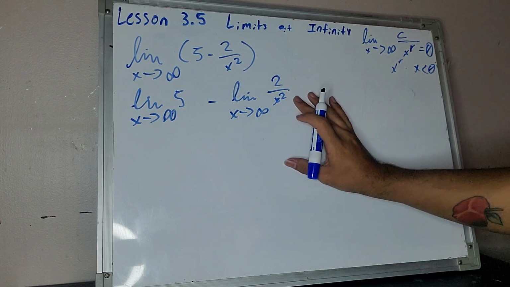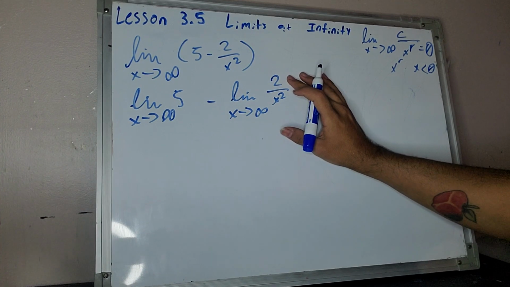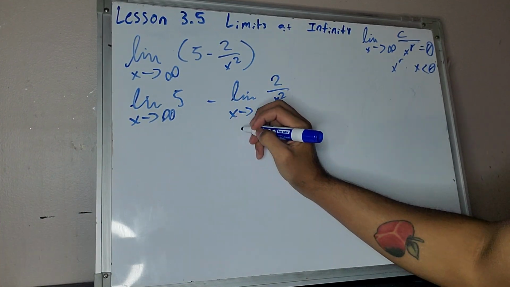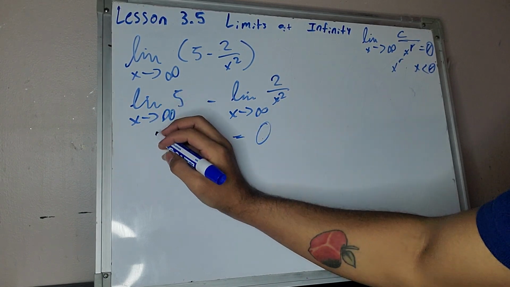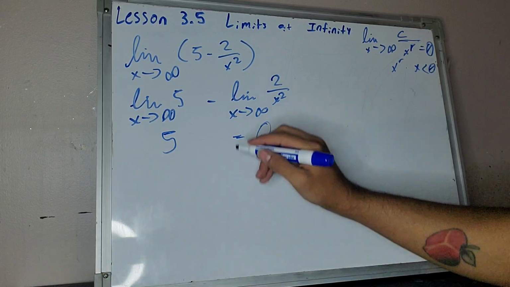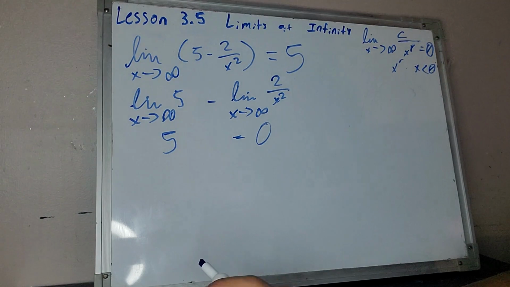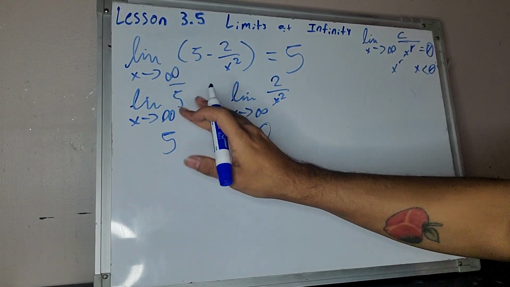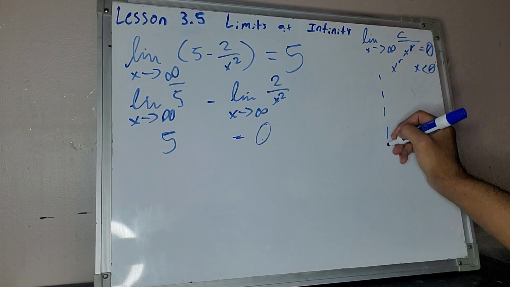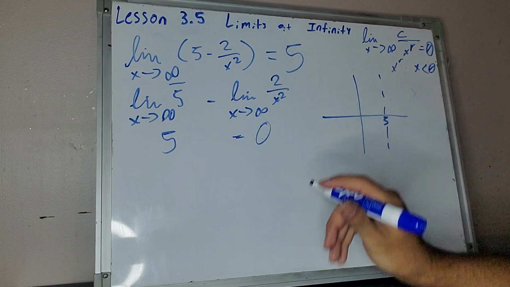And as we could see, with it being a rational number and a real number, this limit will equal 0. And as we know, the limit of 5 would equal 5. So the limit of this whole problem would be 5. And this would be infinity, so this gives us a horizontal asymptote to the right of the graph at 5.